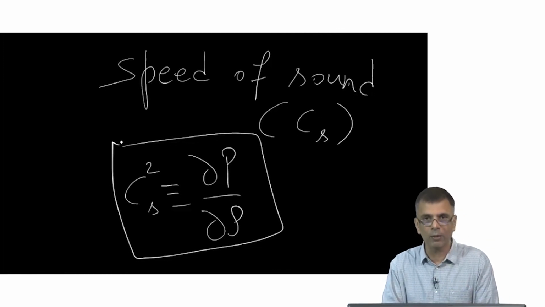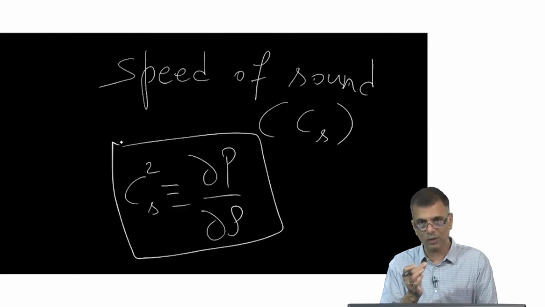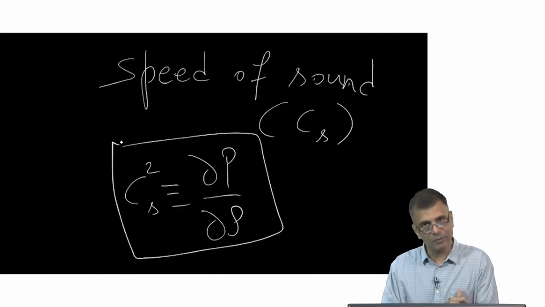We will figure out how it is that the speed of sound, which is essentially the speed at which small disturbances travel, is always this.